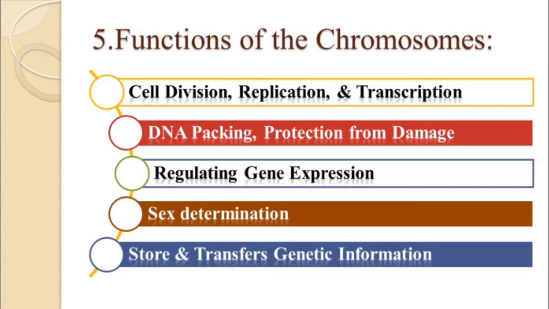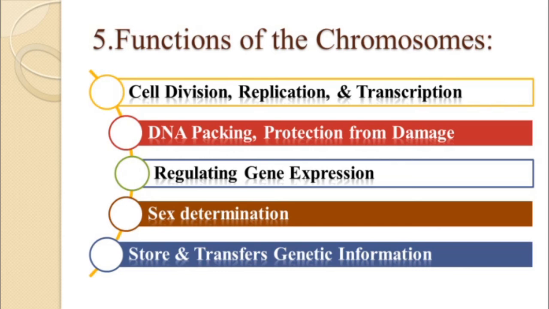Now we are going to discuss about the functions of chromosomes. Chromosomes are responsible for cell division, replication and transcription. The chromatin that condenses into chromosomes, which is known as DNA packing, helps for the protection of DNA from damage.